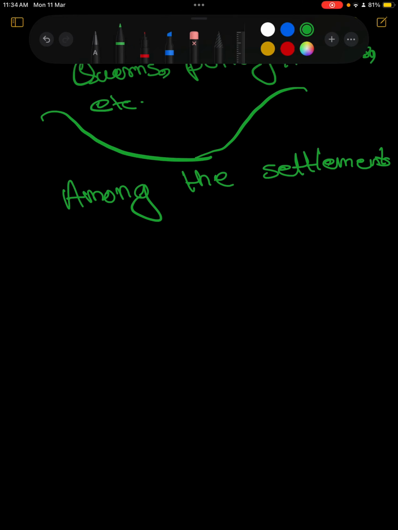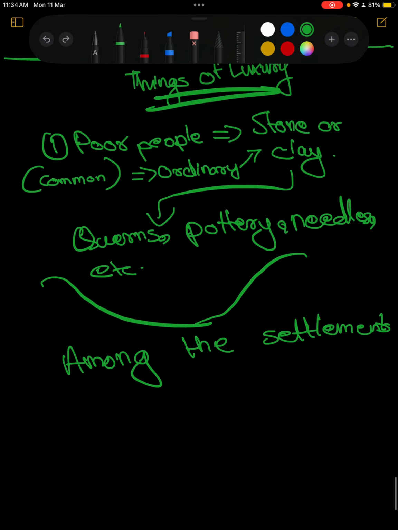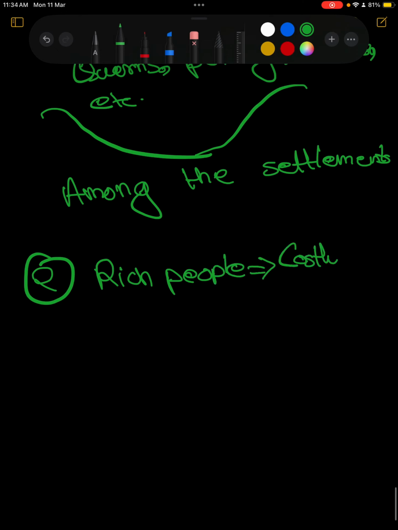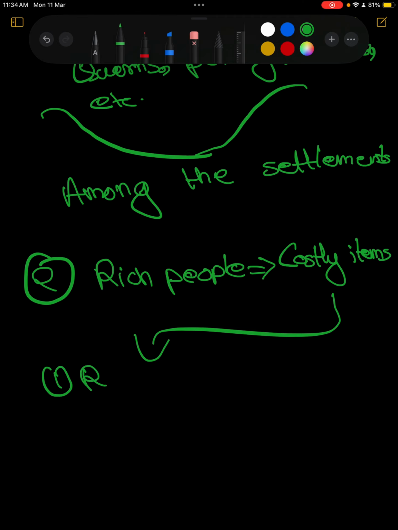Now we need to understand about the rich people. The rich people used to have costly items, and at that time costly items or materials were considered costly based on being rare.